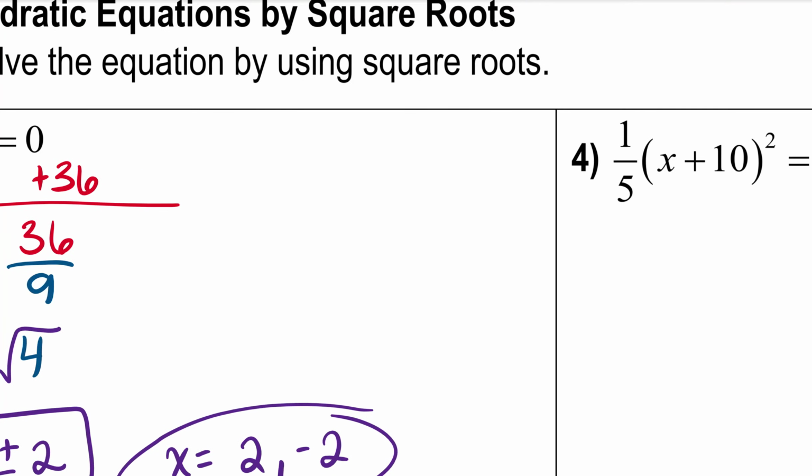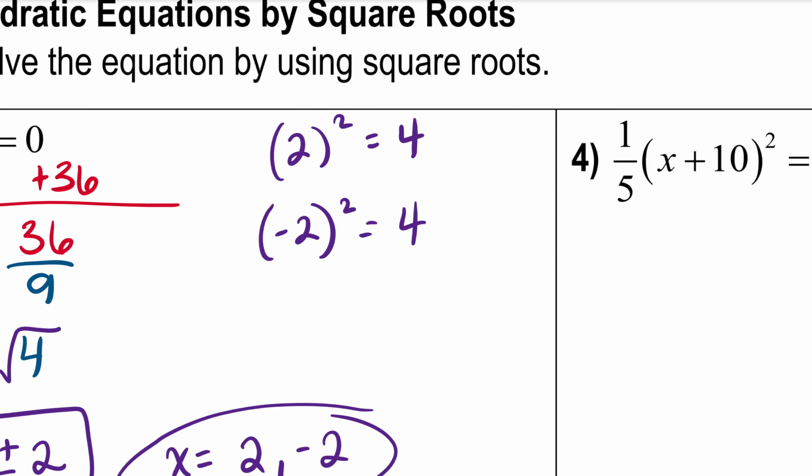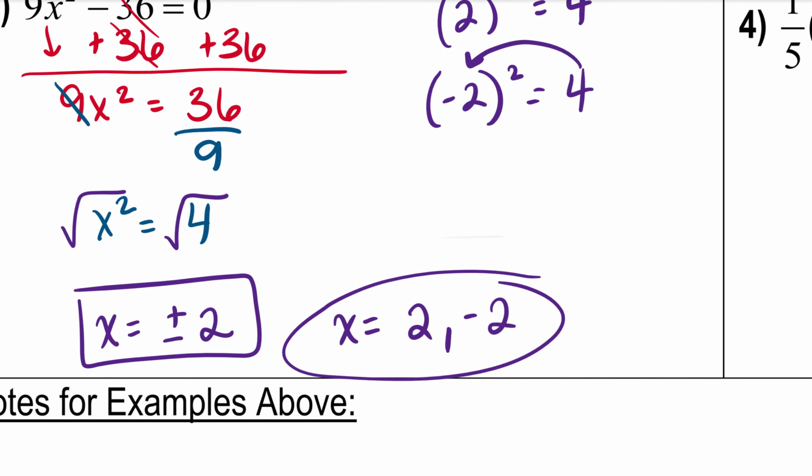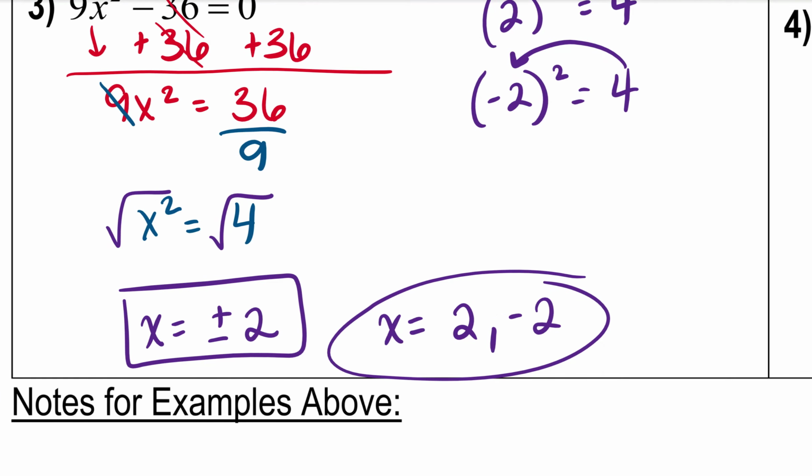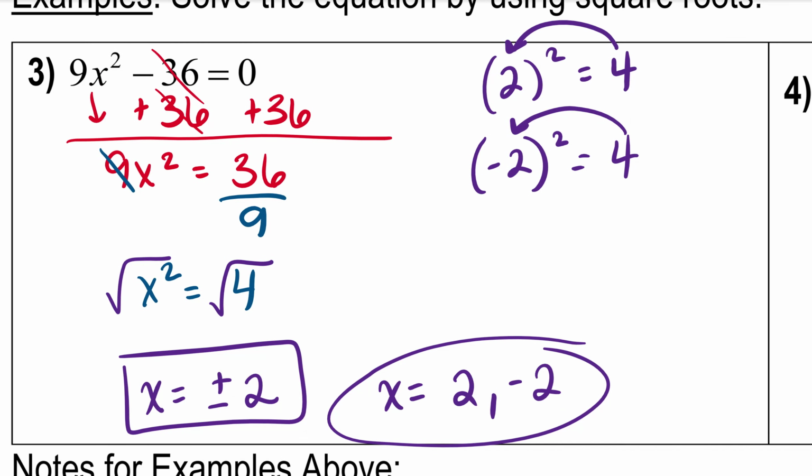The reason is if I have 2 squared, I get 4. And if I have -2 squared, I also get 4. So because I'm going backwards, I'm going from 4 to my answer, on both of these I have to include both numbers because either one works, and I don't know which one it is. That's why it's both. That means I can plug in both of those numbers for x, and I would get the same answer.